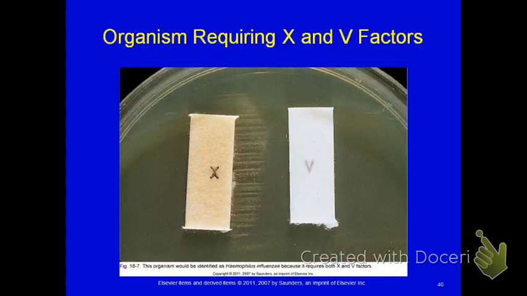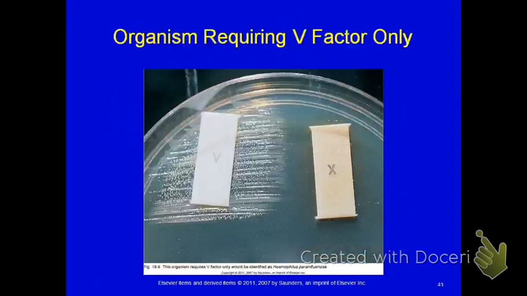If there is growth in both X and V factors, it means that the organisms require both hemin and NAD. If there is growth on V factor only, but no growth on X factor, it means that the organisms require only the V factor.